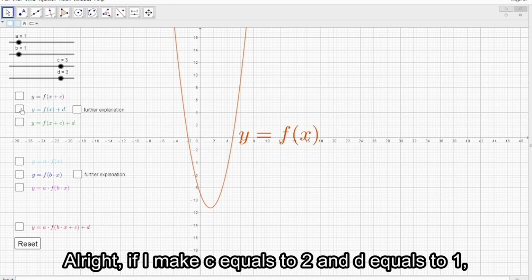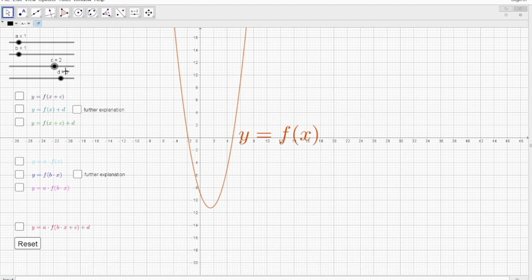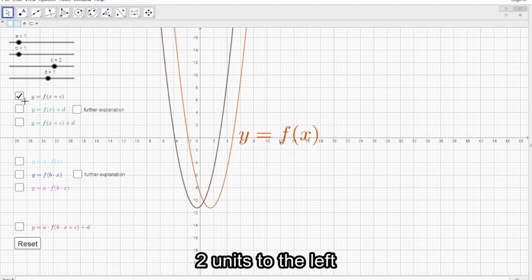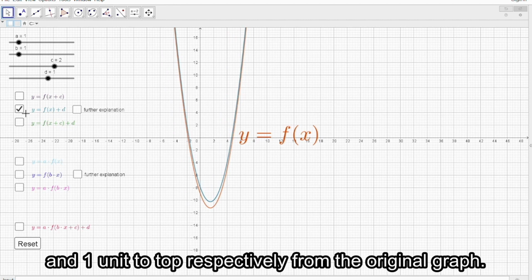Alright, if I make c equal to 2 and d equal to 1, we could see the individual graphs, which are 2 units to the left and 1 unit to the top, respectively, from the original graph.